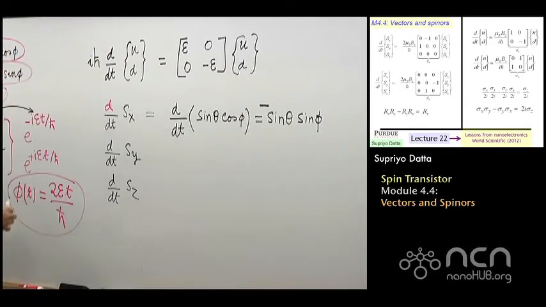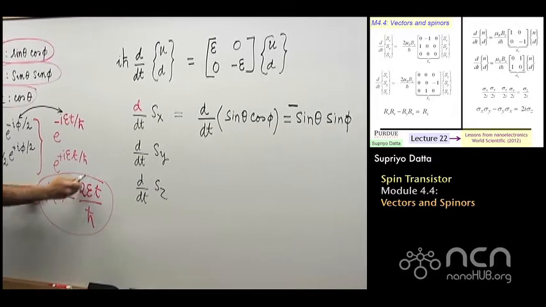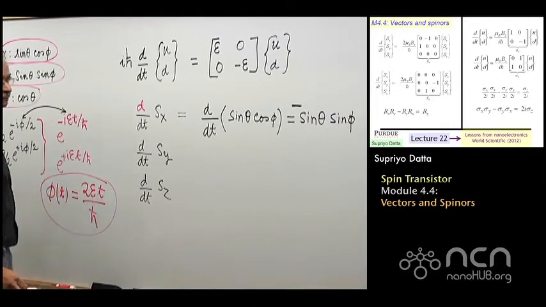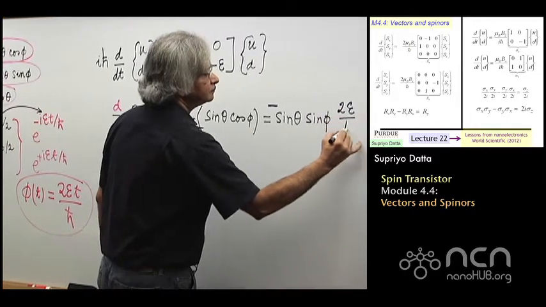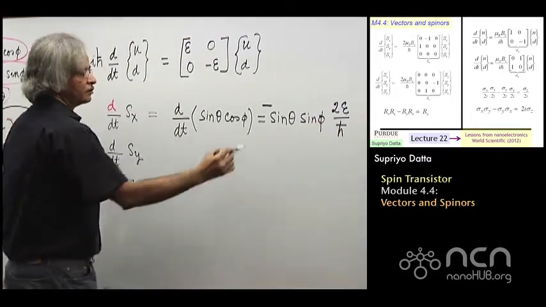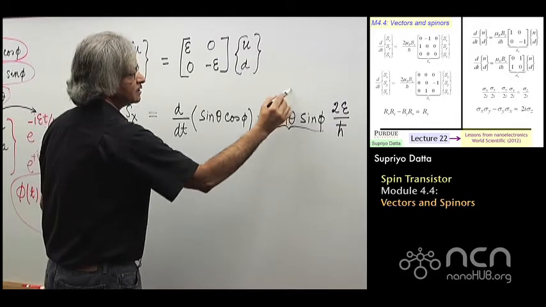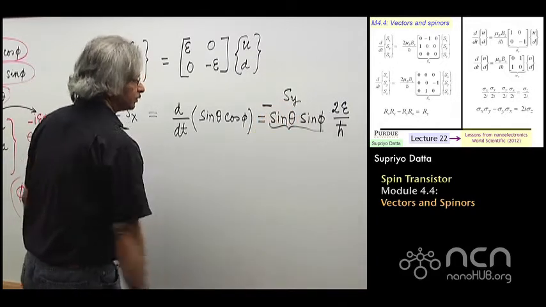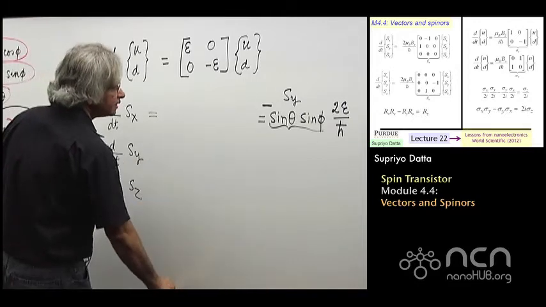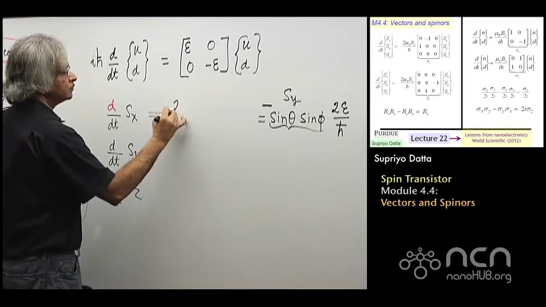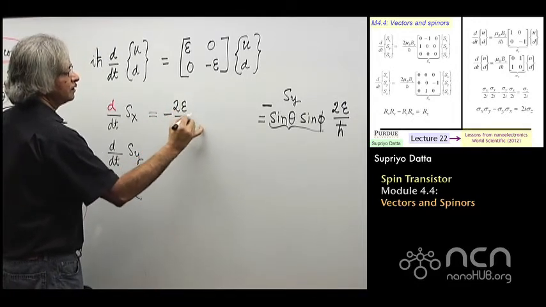But then I know d phi dt is just 2 epsilon over h bar. So there is this 2 epsilon over h bar. Okay. Now sine theta sine phi, as you'll notice, is Sy. So I could write this, pull this back here and write it as minus 2 epsilon over h bar times Sy.